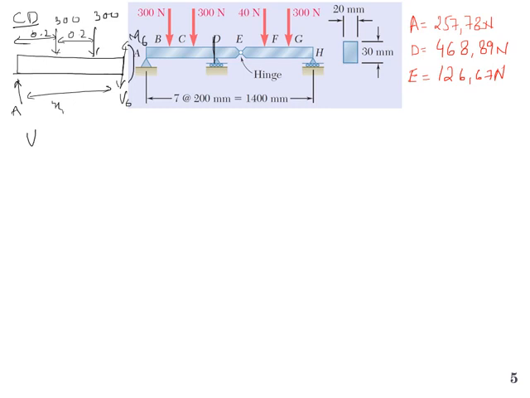So V6 plus 300 plus 300 minus A is equal to 0, and V6 will simply be equal to minus 342.22 Newton.